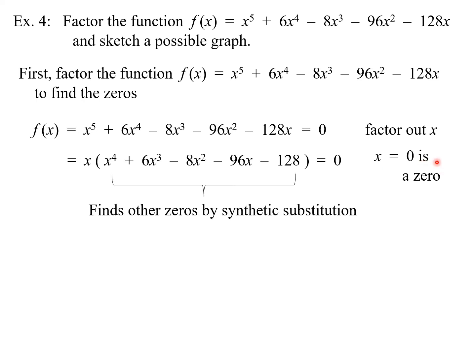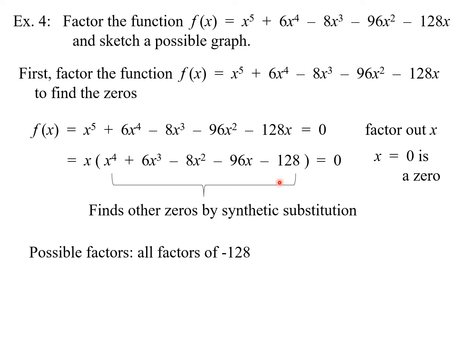And then we're going to find the other ones by synthetic substitution or synthetic division. Now the possible factors are all the factors of, if I'm just focusing on the degree 4 function within the parentheses, okay, I don't have to think about this x anymore because we already have that determined out here. So I can just worry about the degree 4 part here.